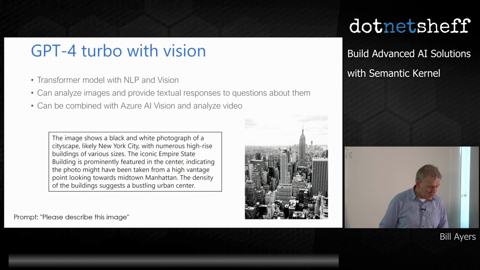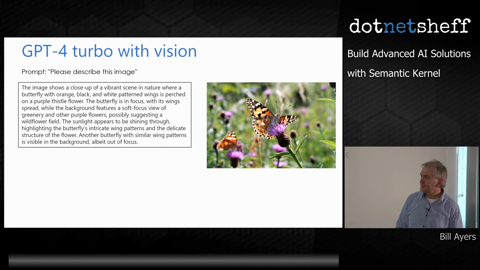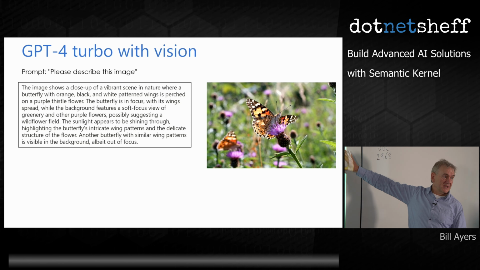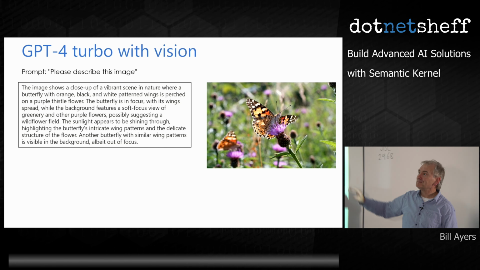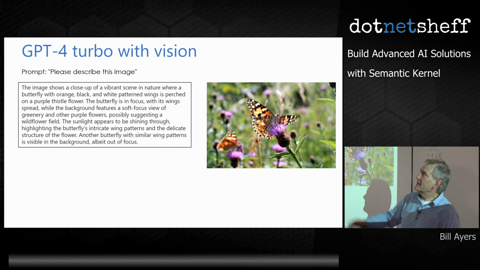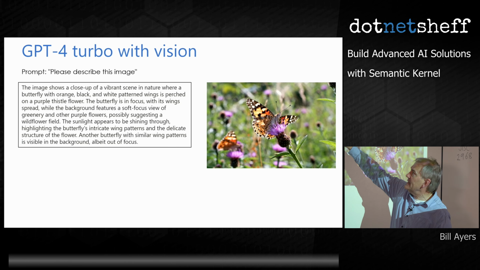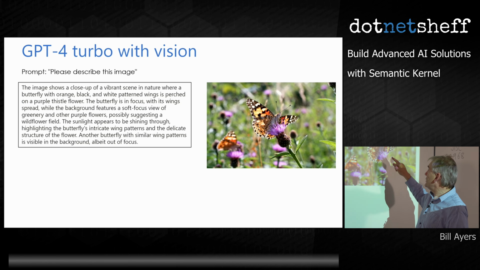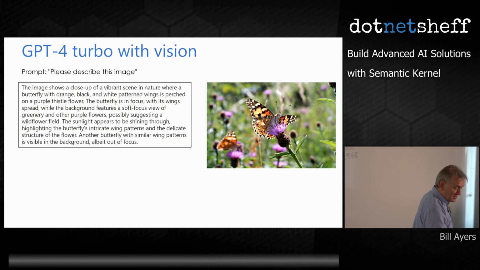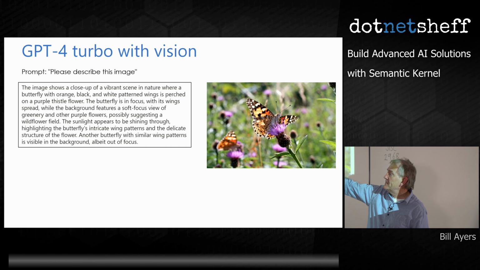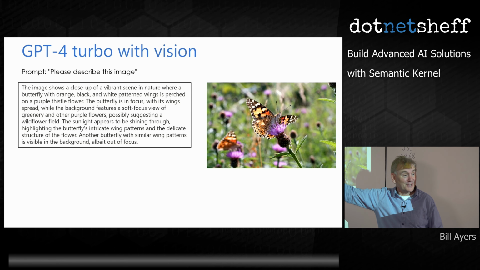The prompt there was just, please describe this image. Interestingly, if I throw it this image that we looked at earlier of the butterfly, which we couldn't identify, with the same prompt, the image shows a close-up of a vibrant scene in nature with an orange butterfly on a purple thistle flower. Yeah, correct. And there's another butterfly, albeit out of focus.